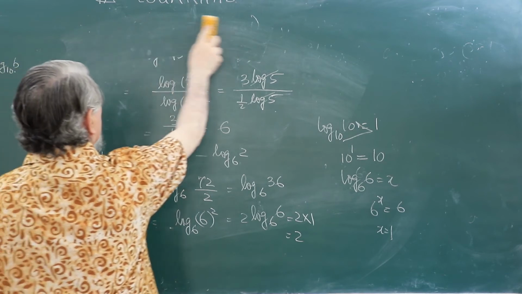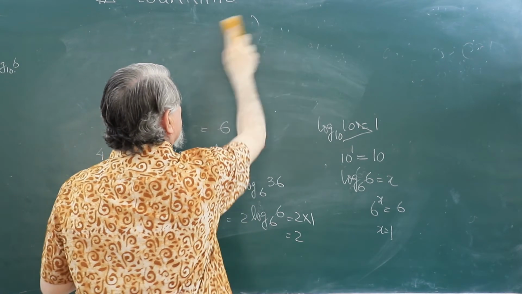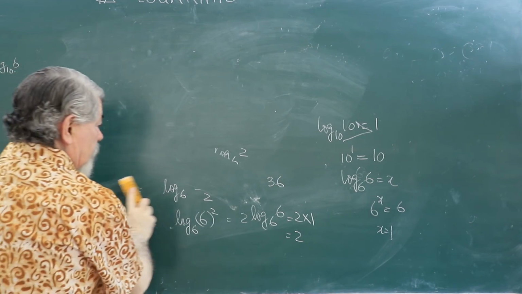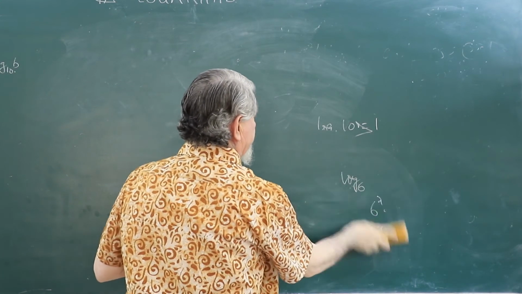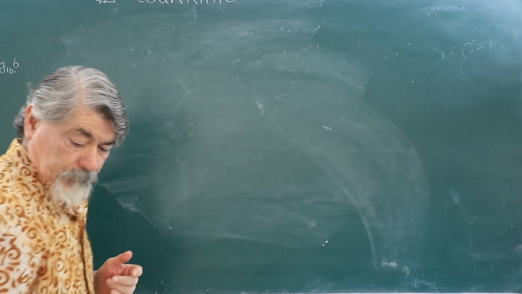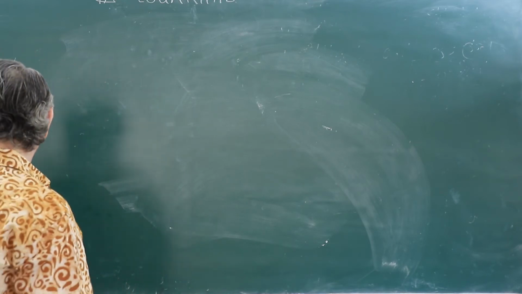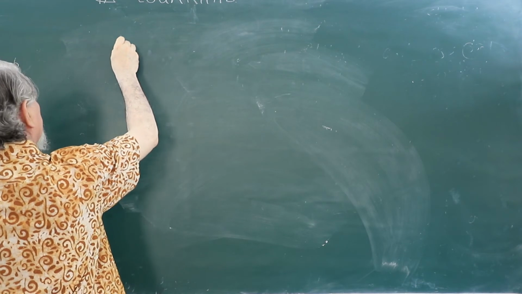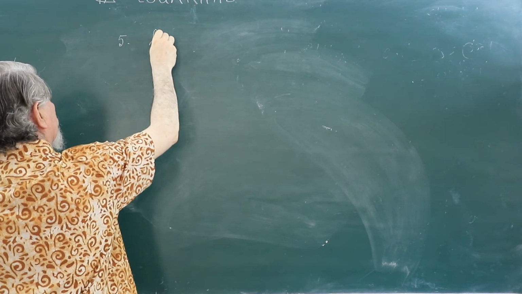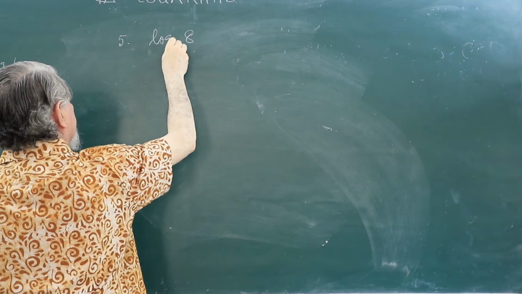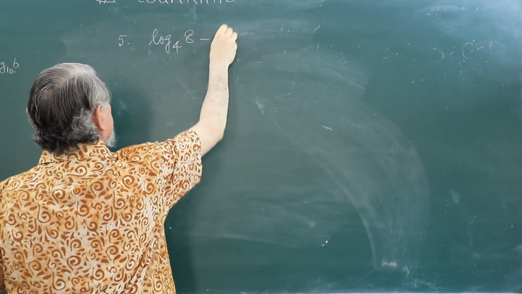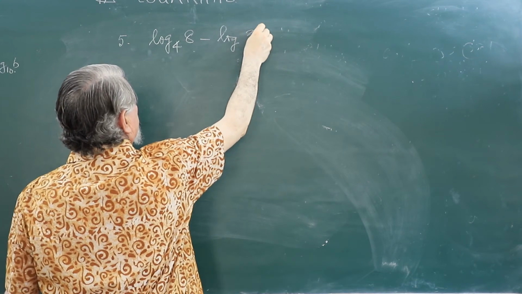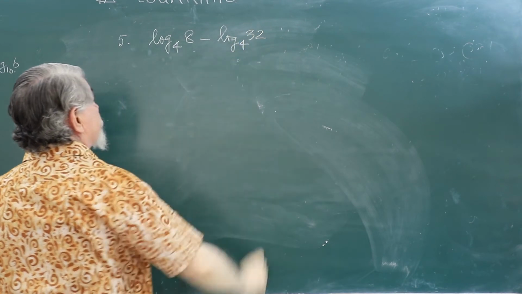Let us see now the next question. The next question is log 8 to the base 4 minus log 32 to the base 4.